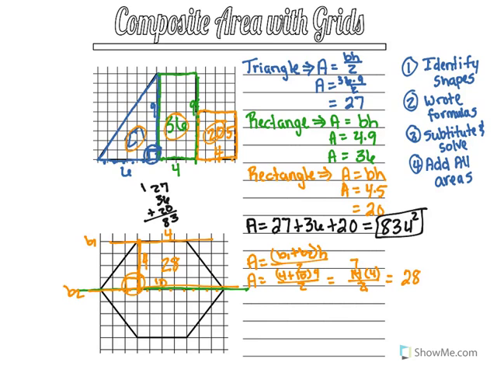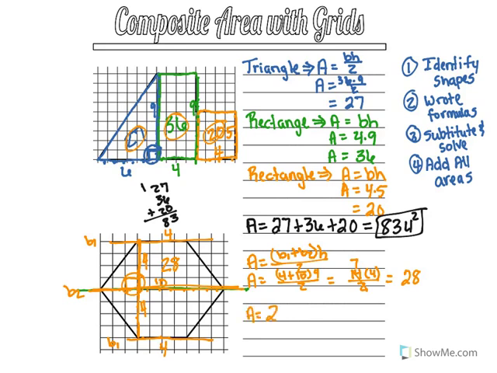Here I know the base of my second trapezoid is 10, and the other base is 1, 2, 3, 4. So the bases are the same, and then let's see if the height is the same. 1, 2, 3, 4. It is. So my dimensions are the same, so my area is going to be the same.